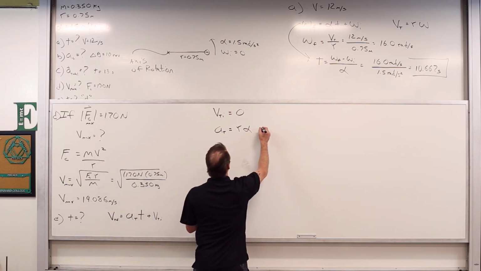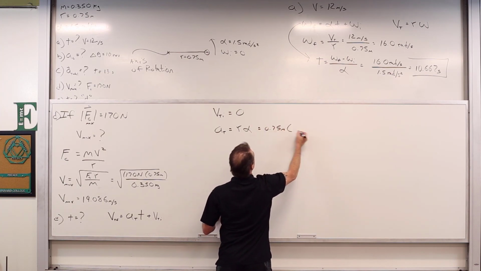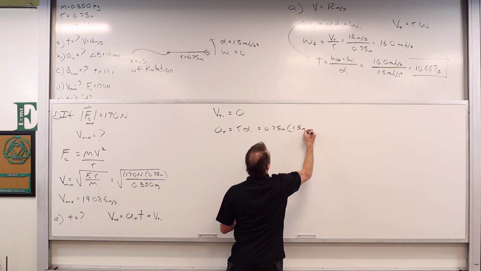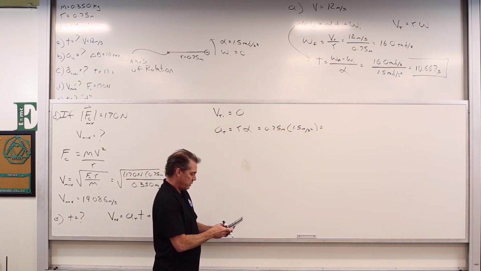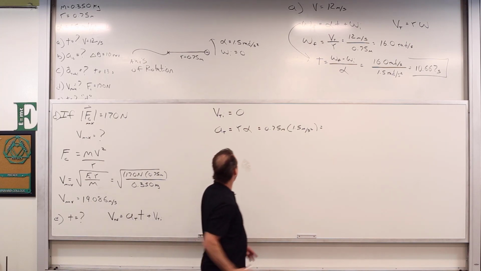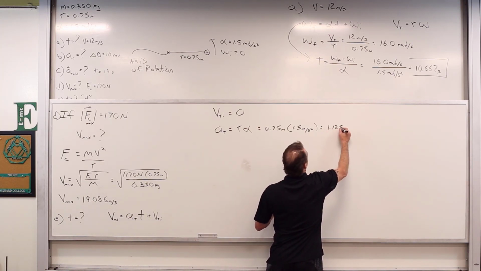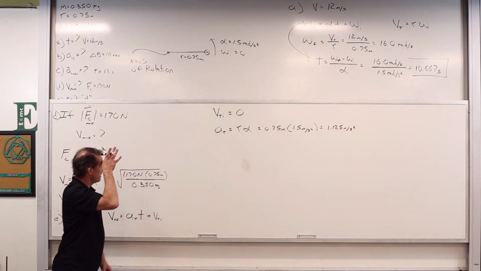We'll just do it again. This is 0.75 meters times 1.5 meters per second squared, equals 1.125 meters per second squared. So there's the tangential acceleration.